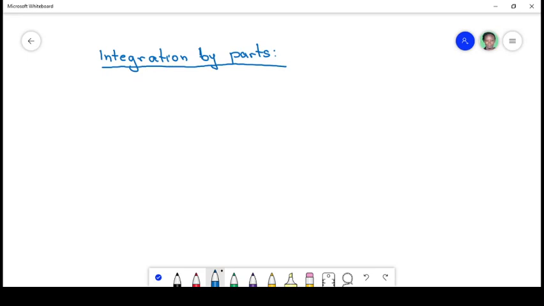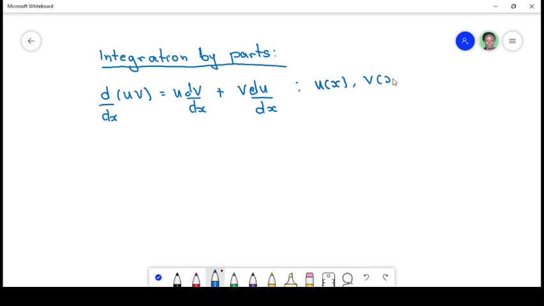You remember the rule of differentiating a product: if I have d over dx of uv, it says that you keep u constant and differentiate dv over dx, plus you keep v constant and differentiate du over dx. Don't forget that u is a function of x and v is also a function of x as well.